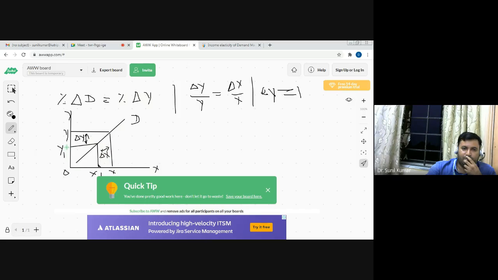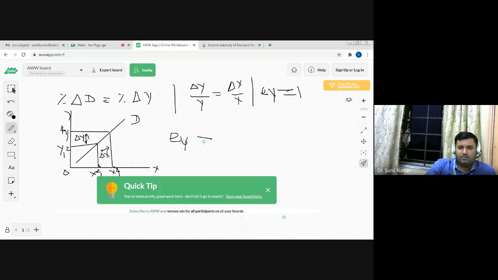If 2 and 4 is here, then here also 2 and 4. So that is the equal position, known as EY is equal to 1.